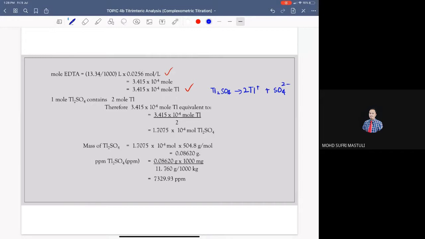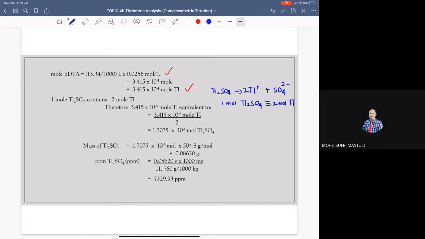So we know 1 mole of Tl2SO4 is related to 2 mole of Tl.